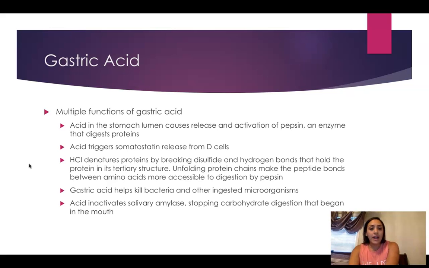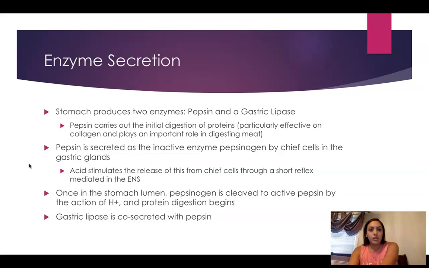Then we have enzyme secretion, like pepsin. In enzyme secretion, there are two enzymes. There's pepsin, the one that breaks down protein, and a gastric lipase. So pepsin carries out the initial digestion of proteins, and it's particularly effective on collagen and plays an important role in digesting meat.